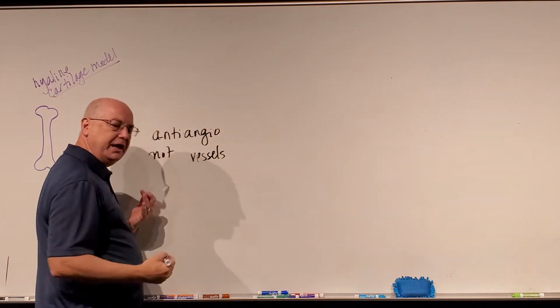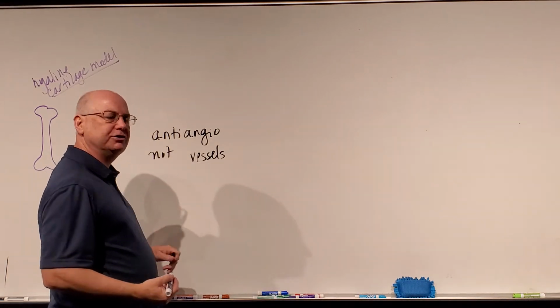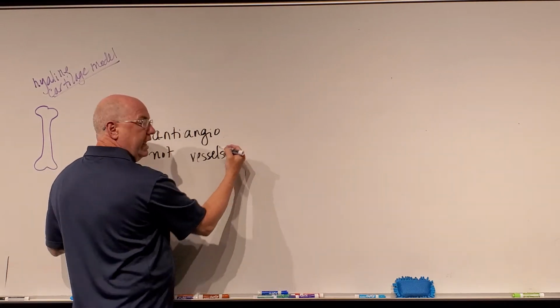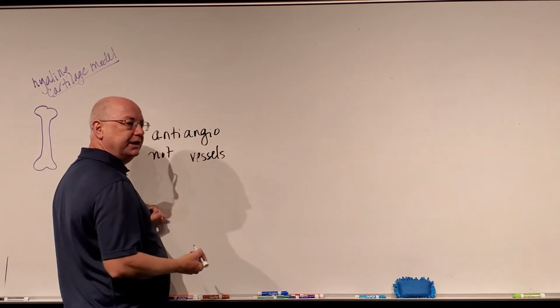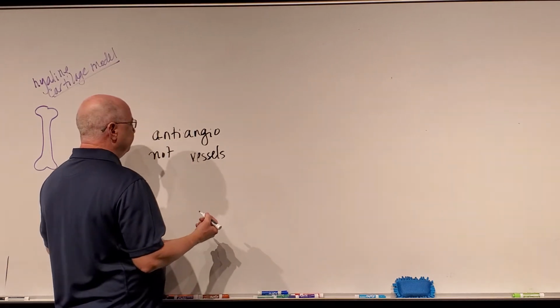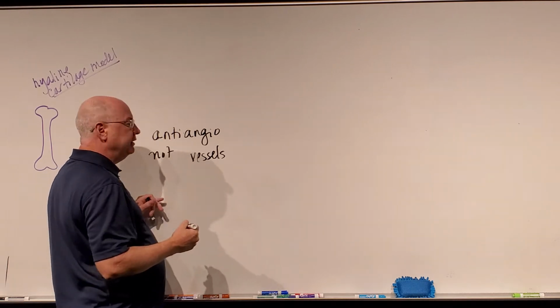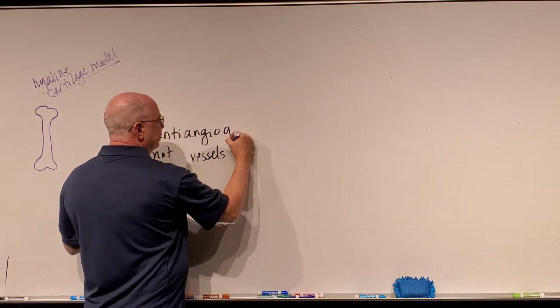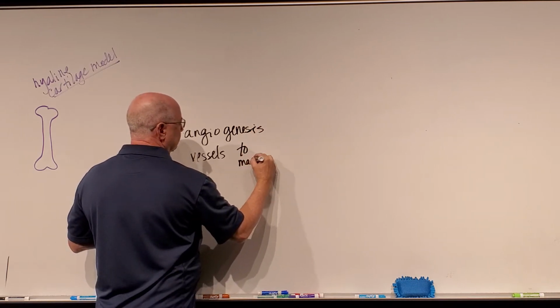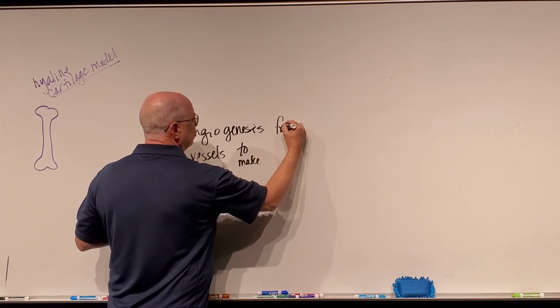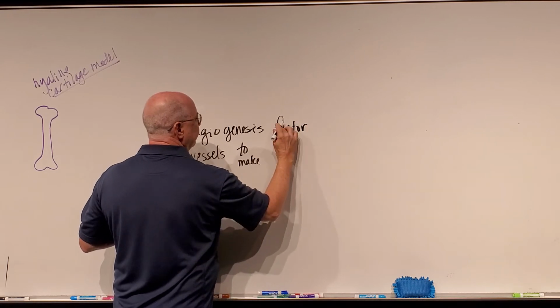So if someone has an angioplasty, they're having surgery on some kind of vessel. Or an angiogram is you inject dyes and you see where the blood vessels go. You're looking at a diagram or sort of an x-ray of all the blood vessels. And genesis means to make. So there's a thing called anti-angiogenesis factor.